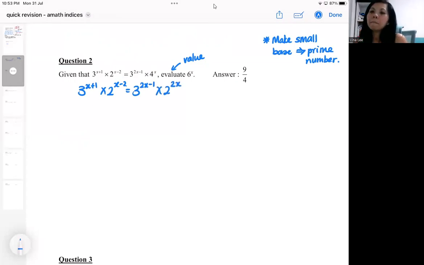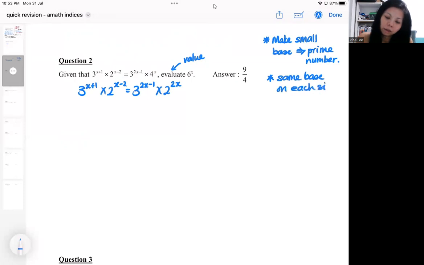Once you have made the base as small as you can, follow the steps. The next thing is you put them into the same base on each side. It doesn't matter which side. So for example, in this question, I got base 2, I got base 3. I'm just going to put them on different sides.